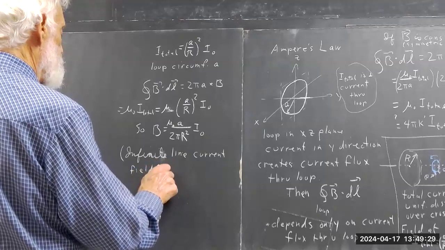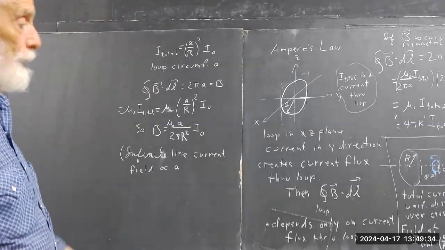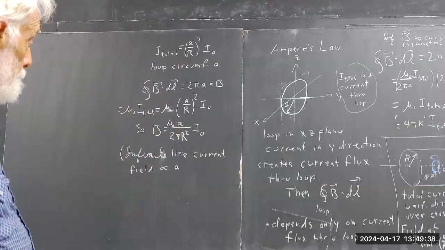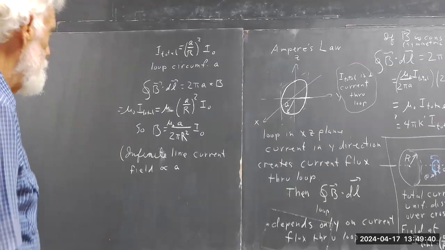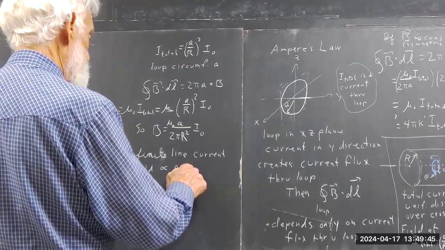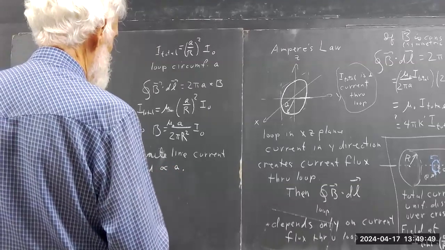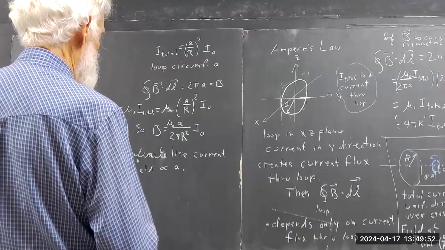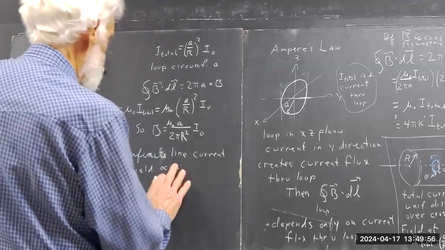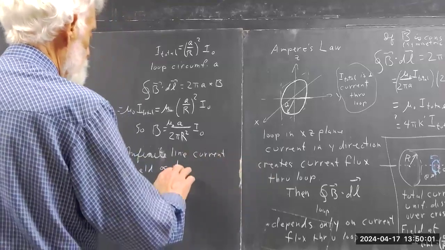I'll say that the field is proportional to 1 over a. The proportionality constant is just mu naught I over 2 pi. The field is proportional to 1 over a, mu naught I over 2 pi a.